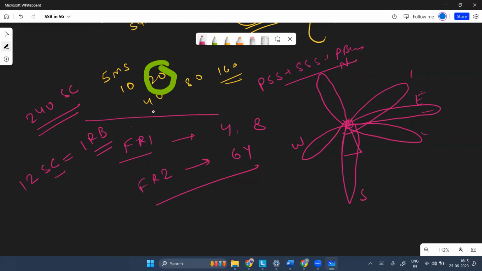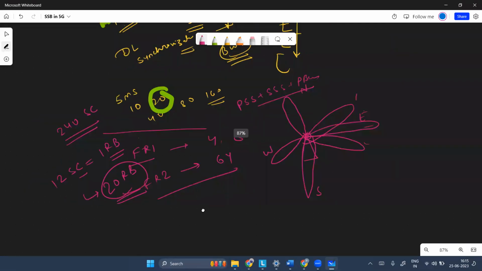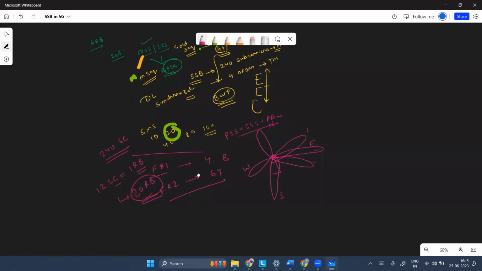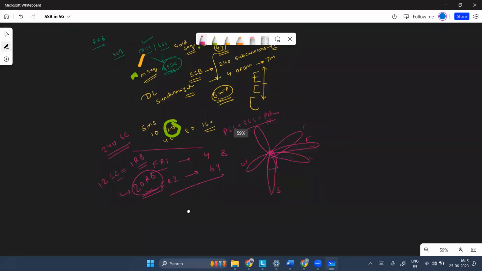So how many RBs would 240 subcarriers become? 20 RBs, right? We're going to see the structure in some time. The main purpose of consecutive SSBs is basically beam management, transmitting each SSB in a different beam, right? And the RRC parameters for the SSB, we are going to see that in the log analysis part. I'll tell you what those RRC parameters are.